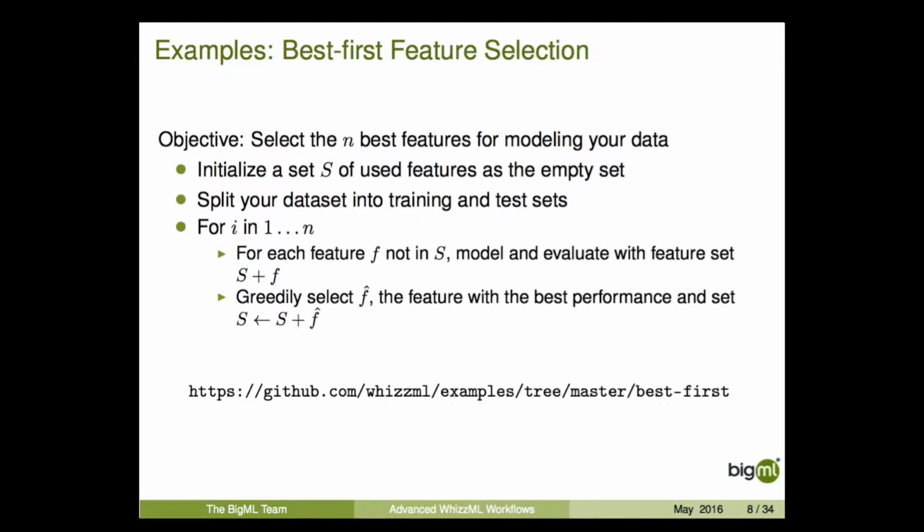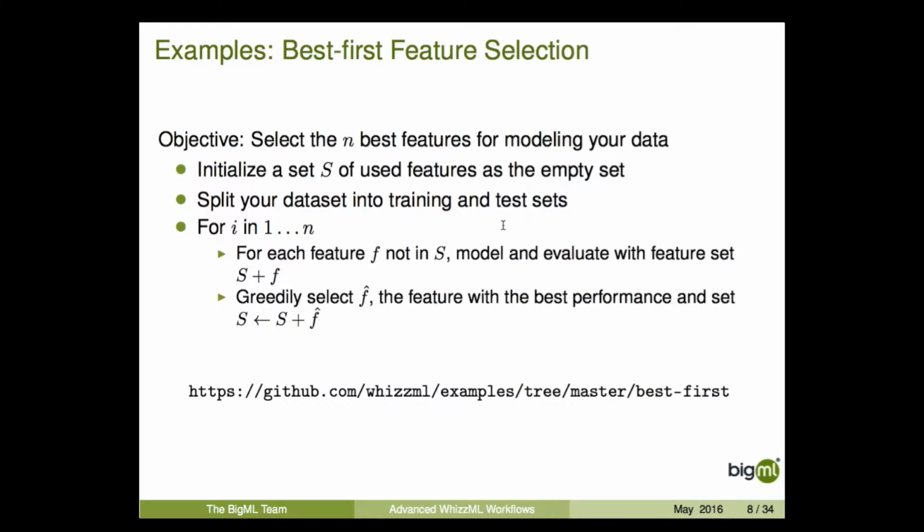And so a simple way to do this is you start with a set of features used so far. We'll call that set capital S, and we split our data into training and test sets. So you obviously don't want to test on your training data, and so instead we're going to split the data, train on the training data, and test on the testing data.